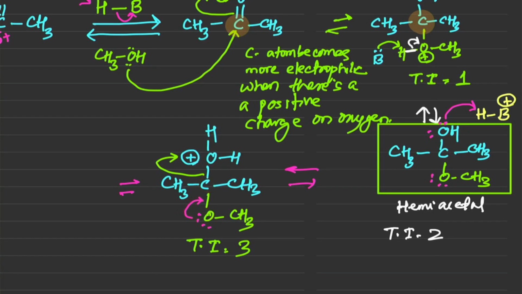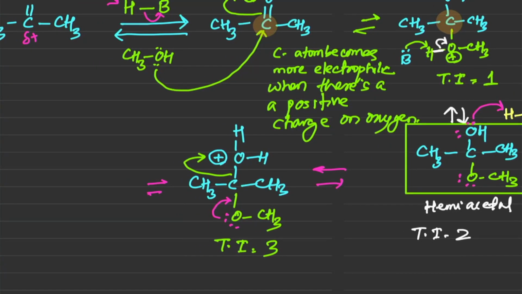So let's draw the intermediate that you will be making after this. Okay, I'm color coding so that you can see where things are changing. CH3, CH3. I will keep the base here just for your sake, and water.